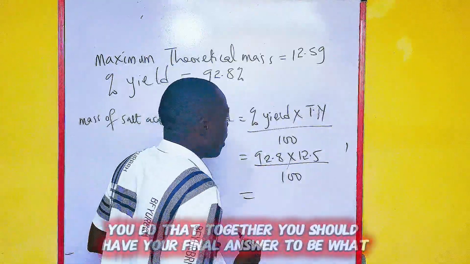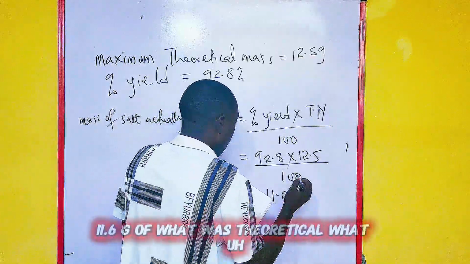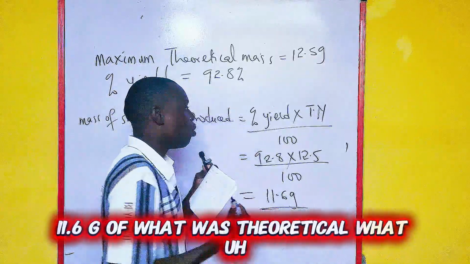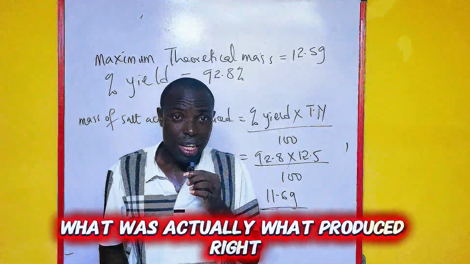You do that together, you have your final answer: 11.6 gram of salt actually produced.